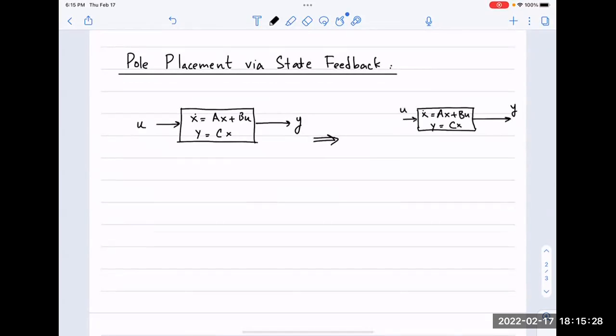But remember, the problem with feedback is you do not have the state information. The dynamical equation x dot equals Ax plus Bu does not give you the state at any particular time. As I mentioned last lecture, the state has to be estimated from the output and input information. So there is always an observer sitting somewhere.